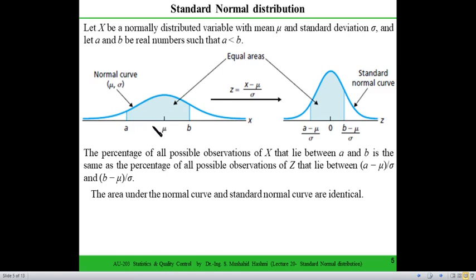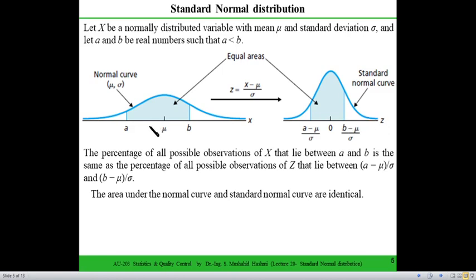Let's say we have a normal distribution with mean and standard deviation, and the probability between the limits a and b is represented by this area under the curve. Once we transform this x variable into the z variable, the transformation would be x minus mu over sigma. This distribution turns into a particular distribution with the random variable z, whose mean will be 0 and variance would be 1.